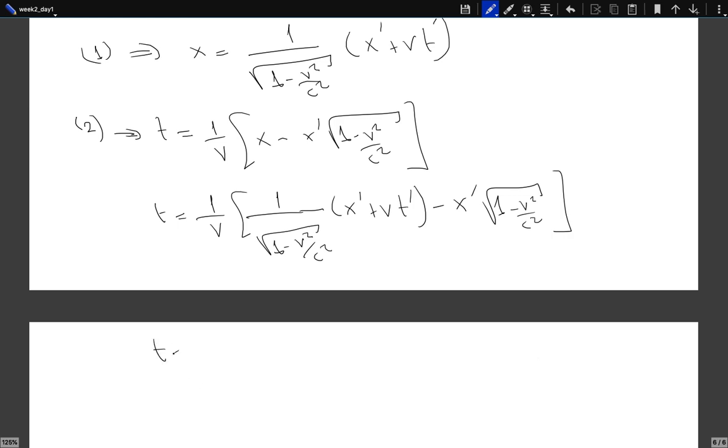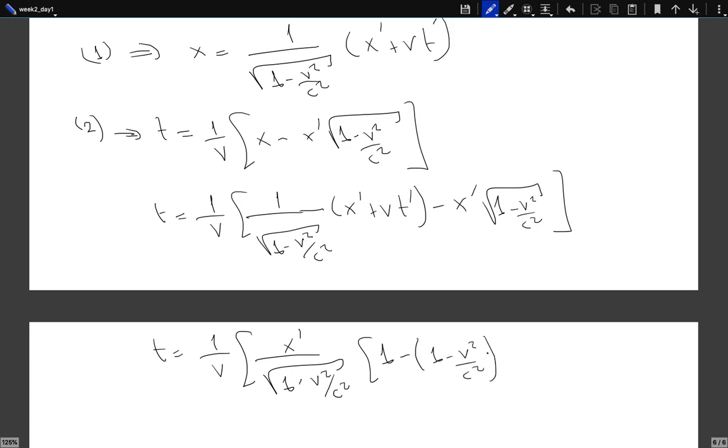Let me simplify it a bit. 1 over v, if I take into parentheses x prime over the square root of 1 minus v squared over c squared, I have 1 minus v squared over c squared, plus vt prime over the square root of 1 minus v squared over c squared. This minus cancels this minus.